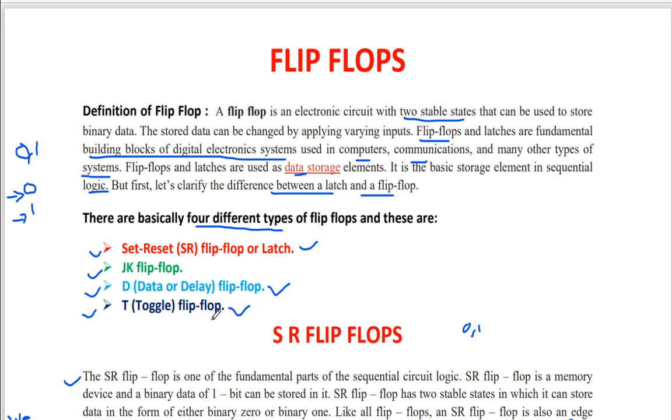In the next class, that is tomorrow, we will be discussing the JK flip-flop, and then we will discuss the characteristic equations of the SR, JK, D and T flip-flops, which will in turn help you to design various sequential circuits or counter designing problems. Okay, so that is all about today's class.